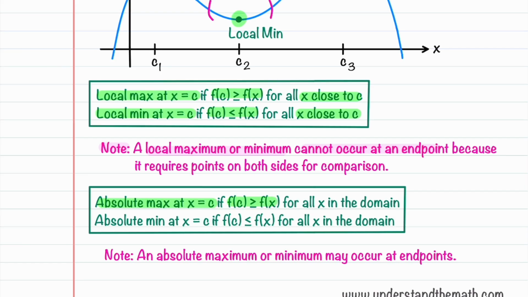That's the same thing as the local max, but now it has to be for all x in the domain. And then something similar is true for an absolute min at x is equal to c. f of c is less than or equal to f of x for all x in the domain. Unlike local max and mins, an absolute max or min may occur at an endpoint.